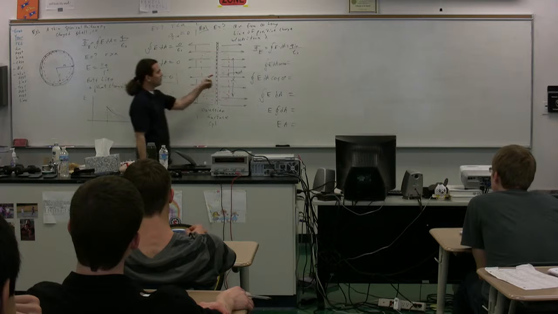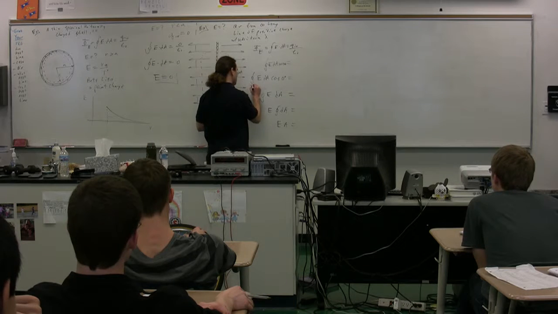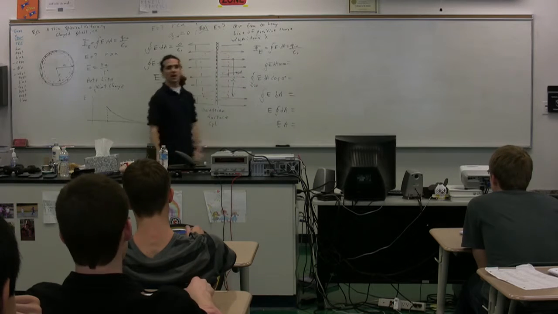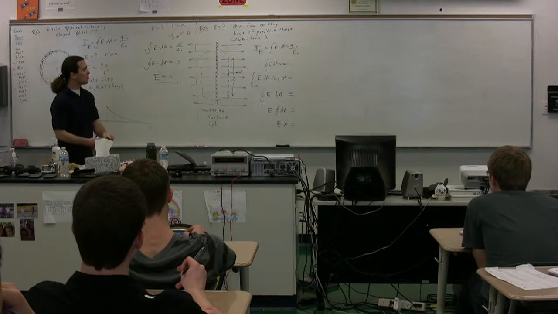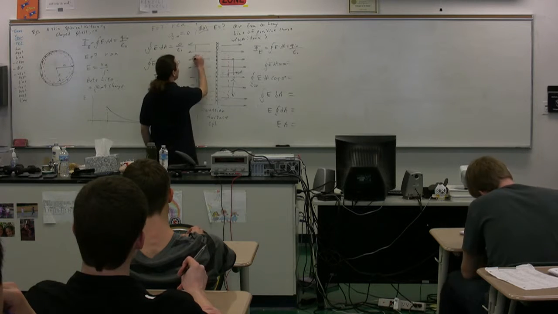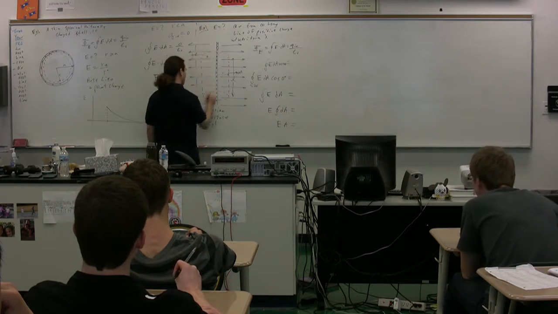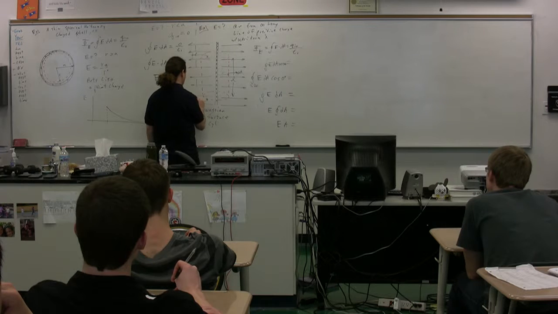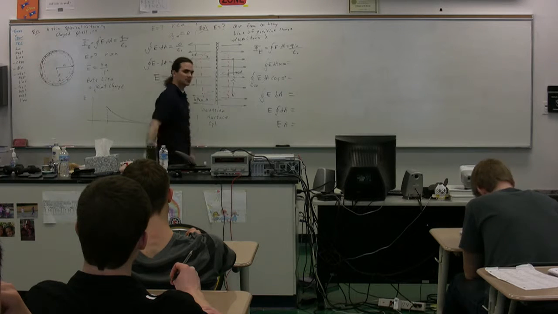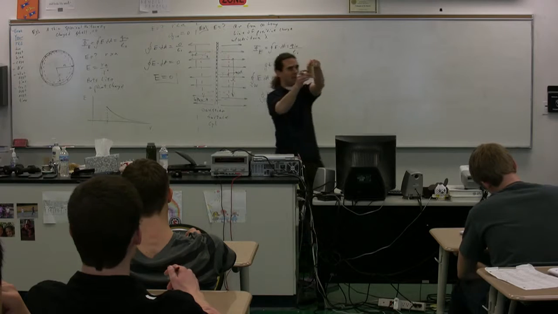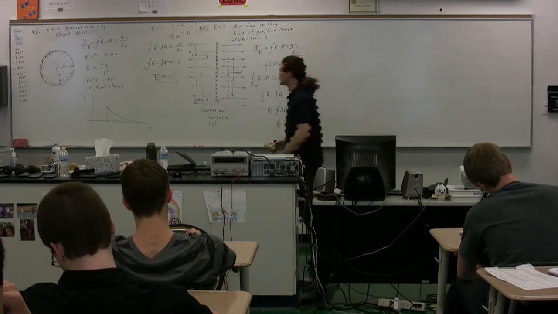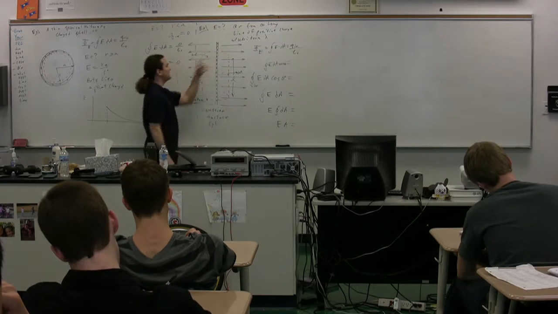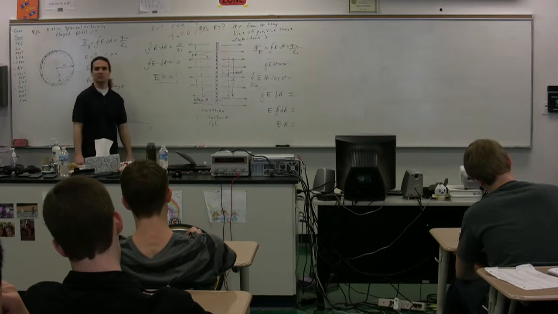So if you look at the side, the cosine is 0 degrees. But then we have the top and we have the bottom of our Gaussian surface. The top and the bottom. So please point in the direction of dA for the top surface.